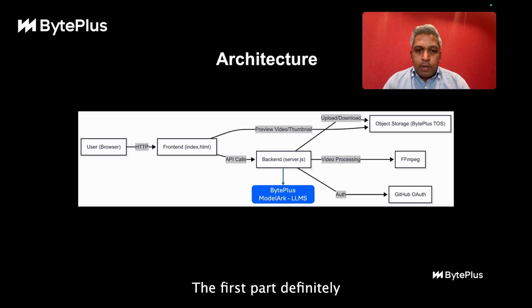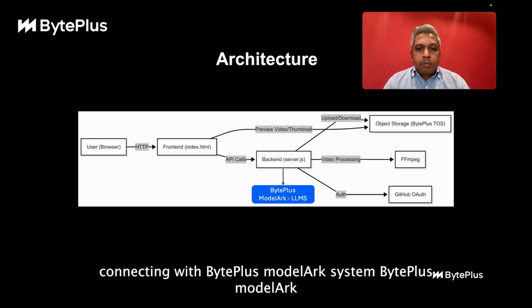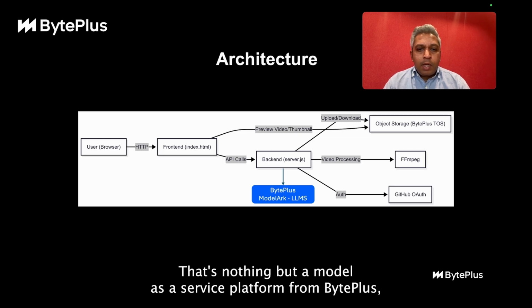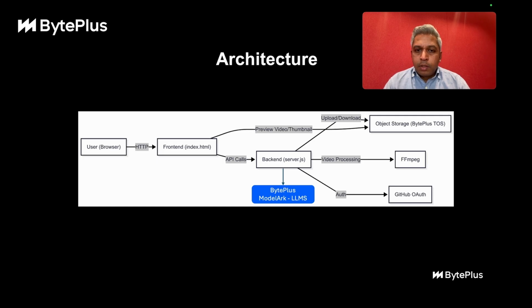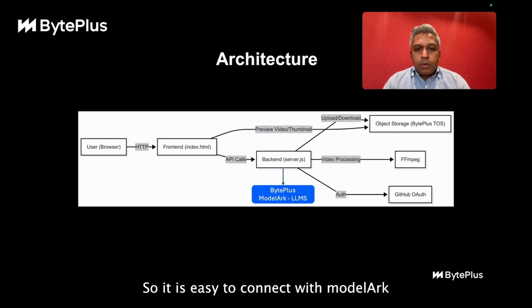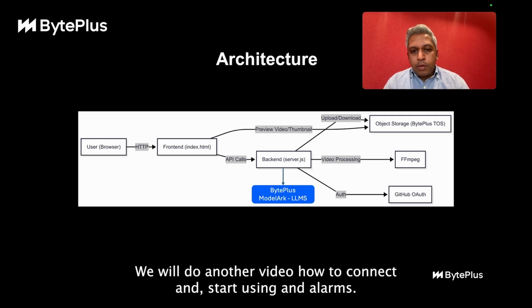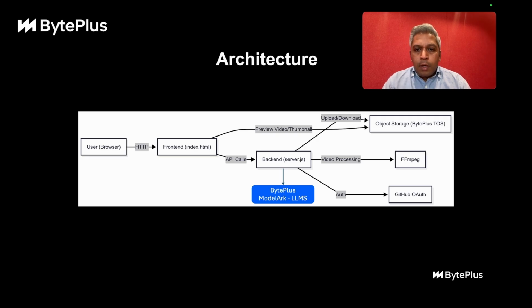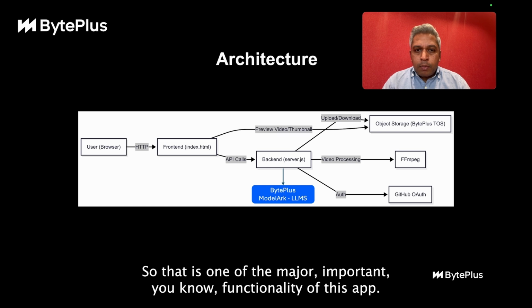The first part, definitely connecting with BytePlus ModelArk system. BytePlus ModelArk is nothing but a model as a service platform from BytePlus, which includes most of the LLMs which I was discussing before. So it is easy to connect with ModelArk and invoke these APIs. We will do another video on how to connect and start using LLMs. So that is one of the major important functionalities of this app.